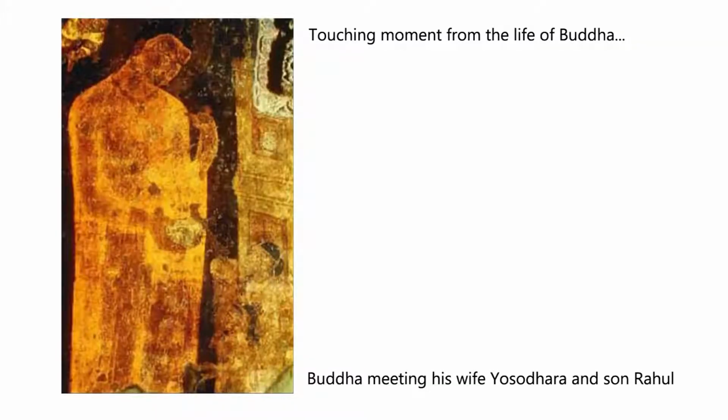That is why it is possible for them, along with a plethora of symbolic and iconographic elements in Ajanta, along with imaginary narratives from Buddha's life and Jataka tales, to also depict very human moments in Ajanta painting, like this one, when Buddha was meeting his wife Yashodhara and son Rahul after many, many years since he left his palace.